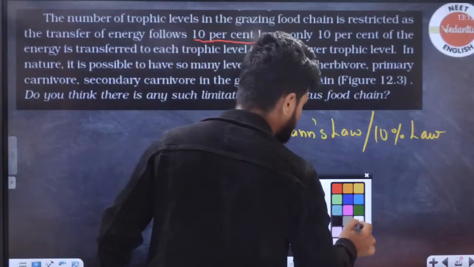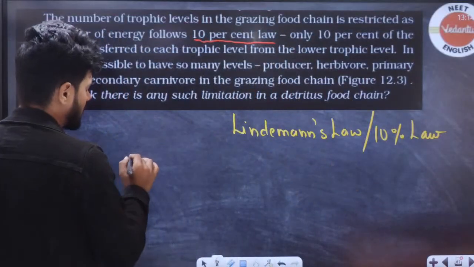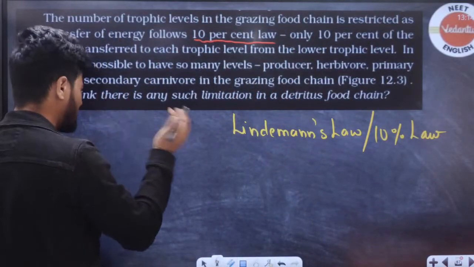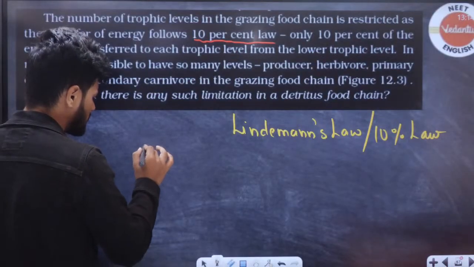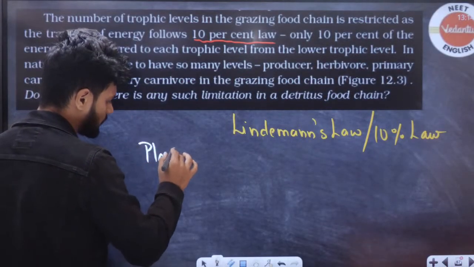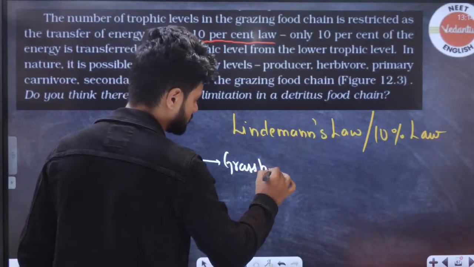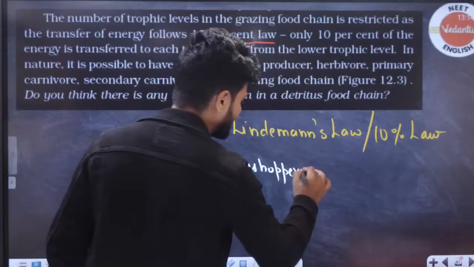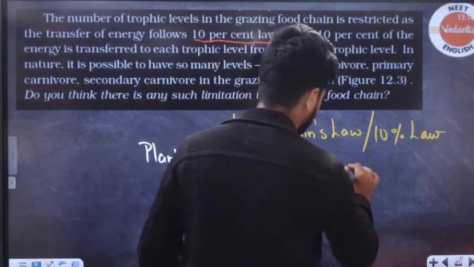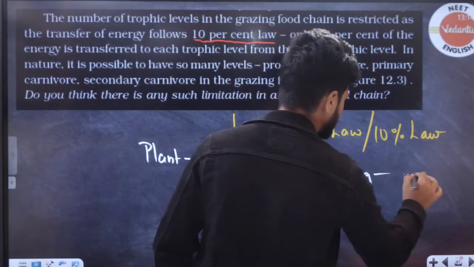Now, what is the 10% law, students? For example, let's take the same food chain. I have a plant here. The plant is eaten by a grasshopper. The grasshopper is eaten by a frog. The frog is eaten by a snake.